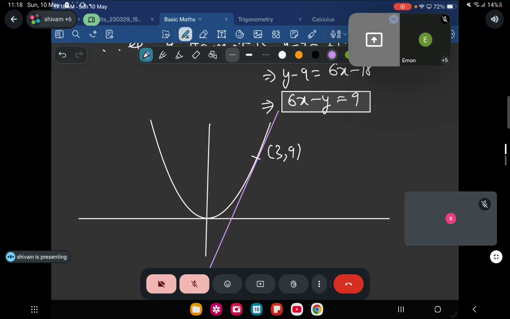In coordinate geometry, what are the topics you learned in class 10? We used the midpoint theorem, section formula, distance formula, and this part only. No straight lines. There were no sums of straight line.